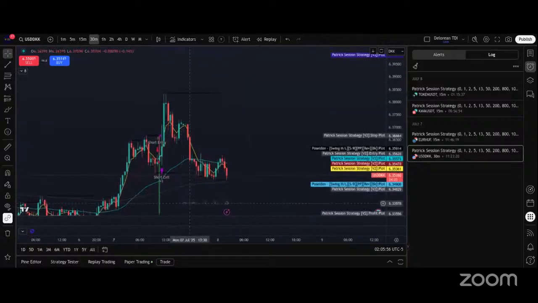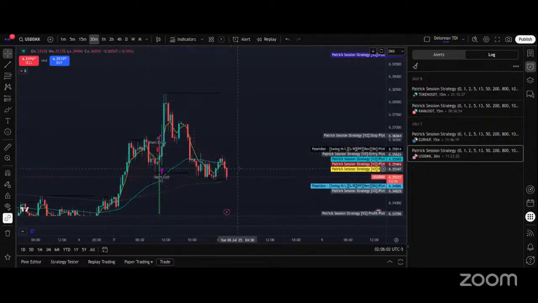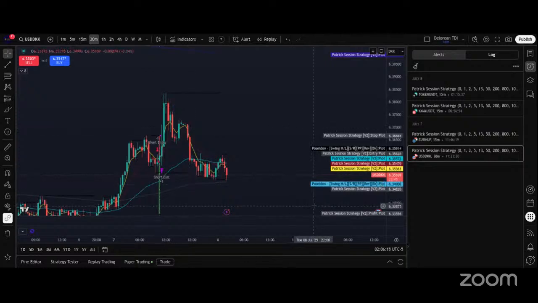This is consolidation. As you can see, with the exception of this one move, price is pretty much moving sideways. And you don't want to trade in the market when the market is consolidated. You need the market to move up or the market to move down. You need to know what the trend is, and then you trade with the trend. Very simple.